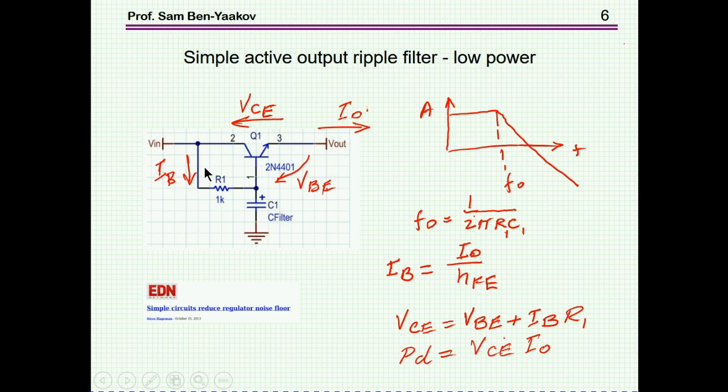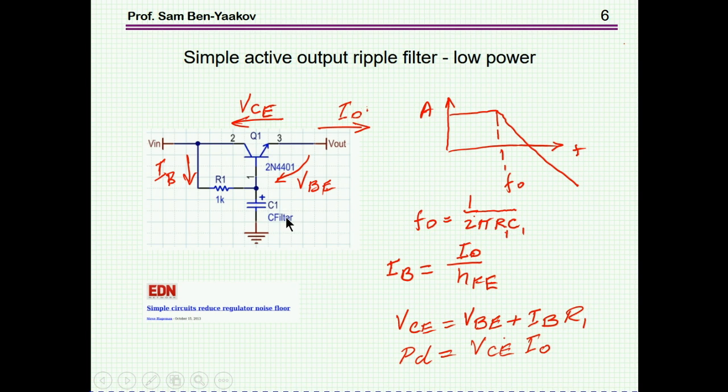Now, you can of course reduce the size of the resistor, but if you do that, the breakpoint will move to a higher frequency and of course the effectiveness of this whole configuration will be lower.